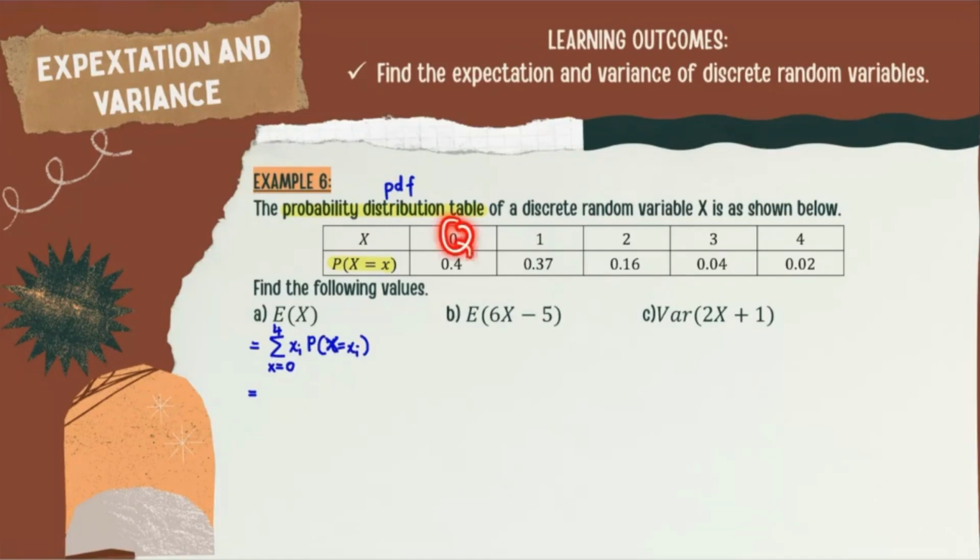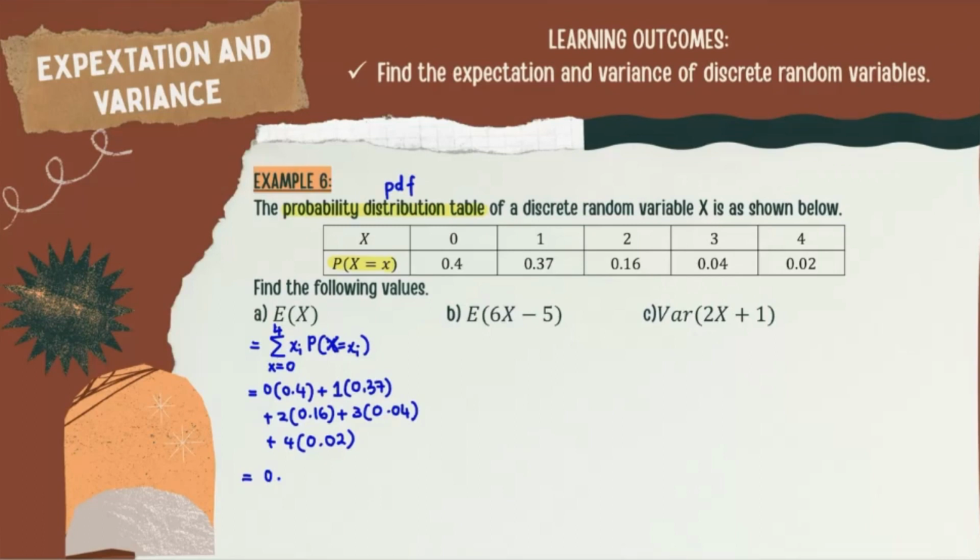First, 0 multiplied by 0.4 will plus with 1 multiplied by 0.37 plus 2 multiplied by 0.16 plus 3 multiplied by 0.04 plus 4 multiplied by 0.02. Okay, so tambahkan semua ni dapat jawapan apa? So you should get the answer 0.89. Okay, so ini cara untuk kita dapatkan the expectation.